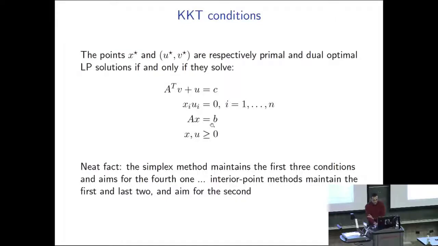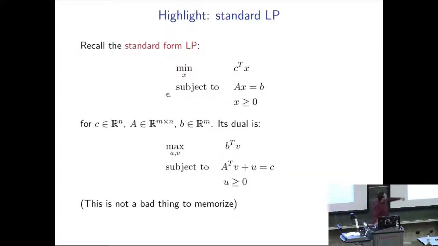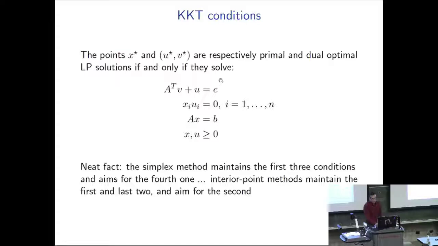So what are the KKT conditions for the standard form LP? When do I have a solution here and a dual solution (u, v) here? They have to satisfy the KKT conditions. Stationarity is just this: A transpose v plus u is equal to c. Complementary slackness is x_i u_i equals 0.